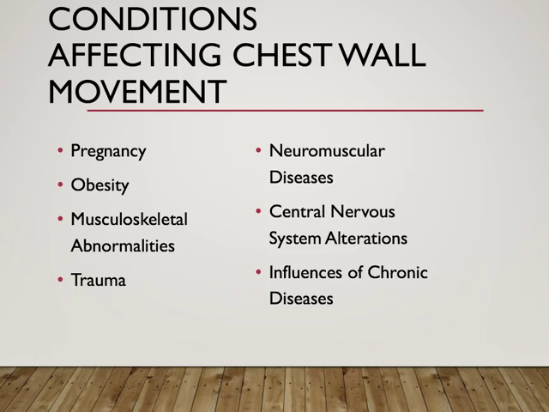I've never had a fractured rib, but they say it's such terrible pain, and none of them want to take a deep breath, and so they get pneumonia. Neuromuscular diseases decrease a patient's ability to expand and contract respiratory muscles, like myasthenia gravis, Guillain-Barré, polio.